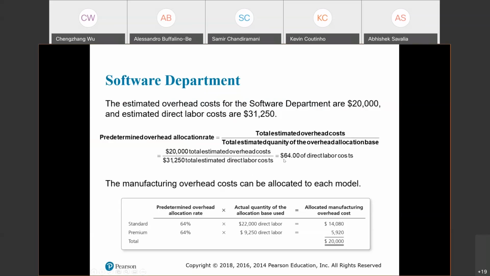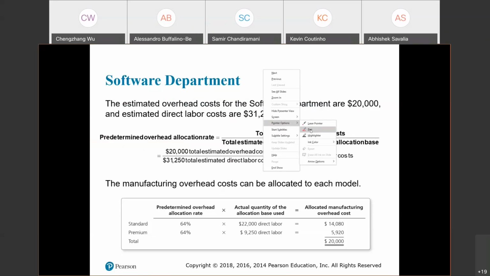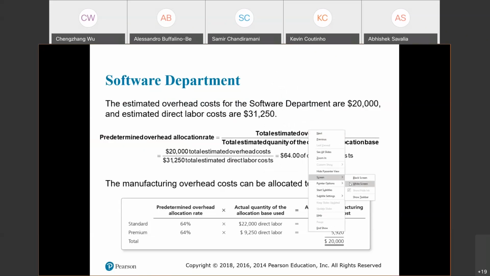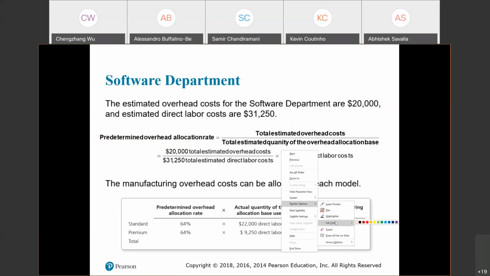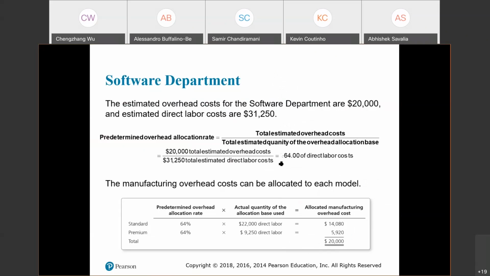We get 64%. So the mistake is here. Instead, we should use a percentage sign. It should be 64% of direct labor cost.